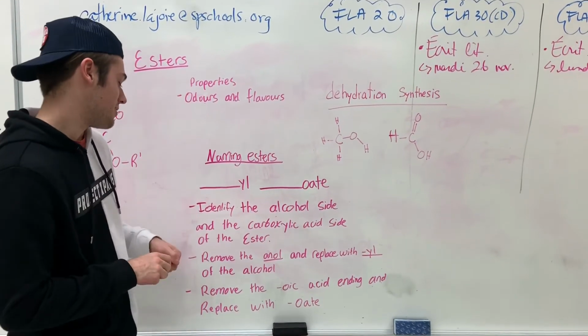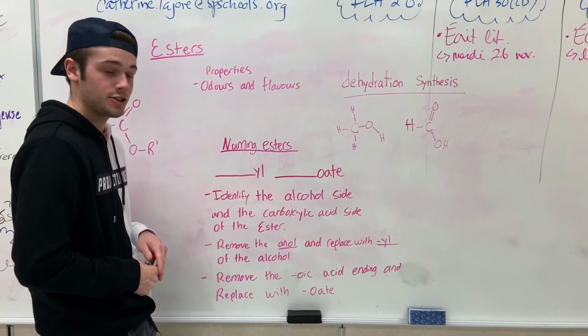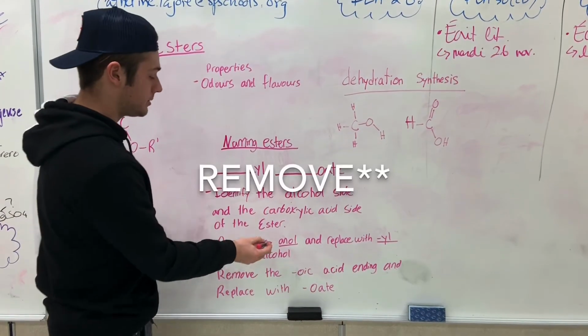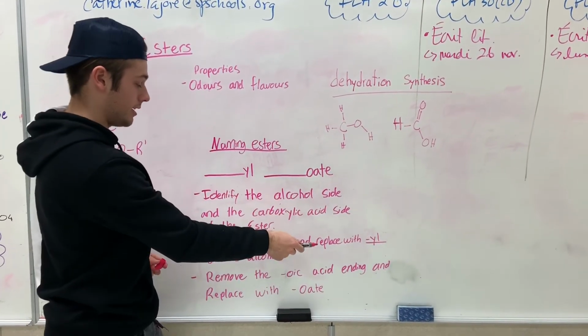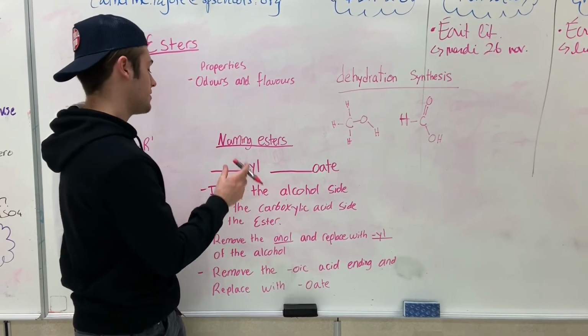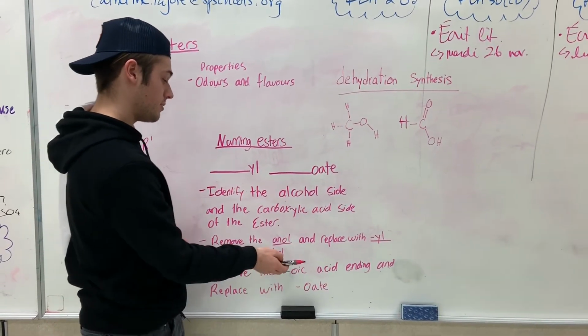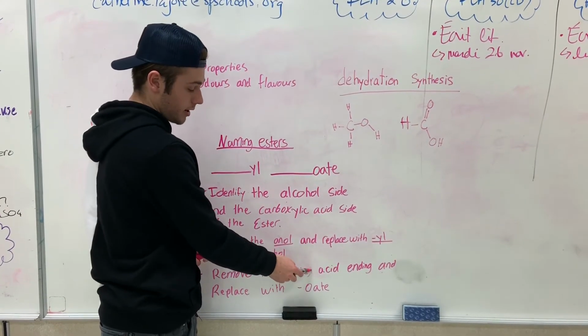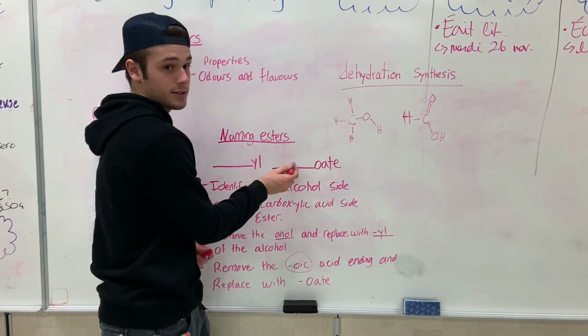Identify the alkyl side and the carboxylic acid side of the ester, and replace the anol ending of the alcohol with yl. You put that first, and second you replace the oic of the acid with oate, and place it second.